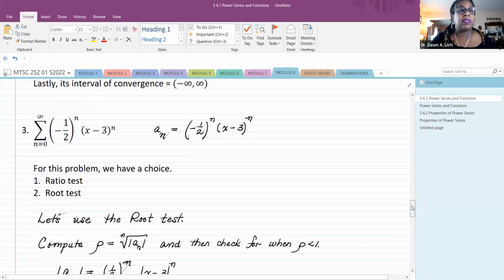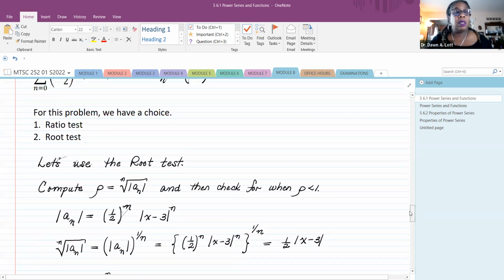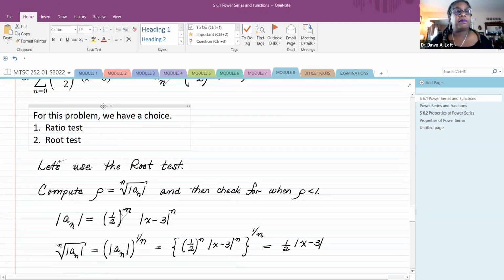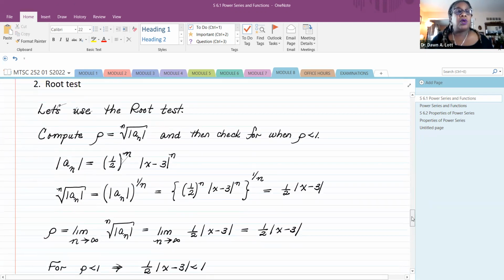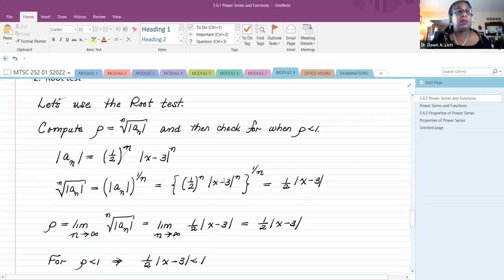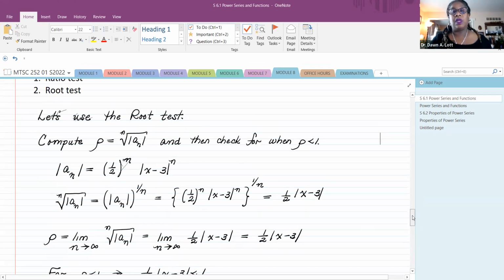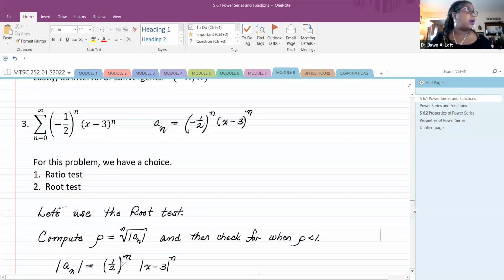Then this last example, we had (-1/2)^n times (x minus 3)^n. For this problem, we do have a choice. We have the ratio test or the root test. So we used the root test, basically because everything was raised to the nth power.